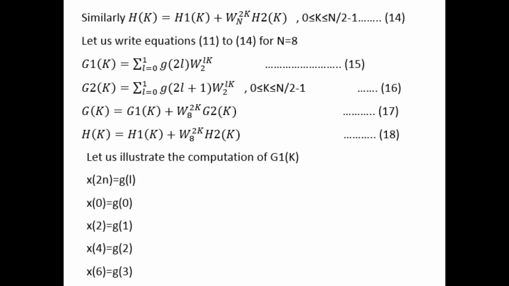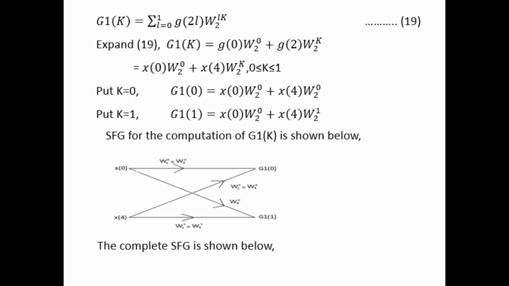Let us illustrate the computation of g1 of k. x of 2n is equal to g of l: x of 0 is equal to g of 0, x of 2, that means when n is equal to 1, g of 1, x of 4 is equal to g of 2, x of 6 is equal to g of 3. Then g1 of k is equal to summation l is equal to 0 to 1 g of 2l into omega 2 of lk.